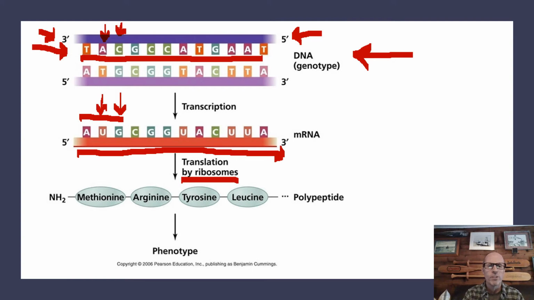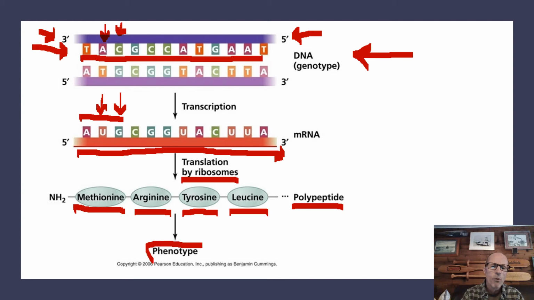And we'll look at this in more detail, but it turns out that methionine is always the first amino acid to be laid down. And after that, the messenger RNA simply gets read with triplet codons. That means 3 bases in a row, and each of those triplet codons results in a very specific amino acid. At the end of the day, this is how we make protein, and those proteins, of course, produce the traits that we call phenotypes. So that is a good overview of transcription and translation.